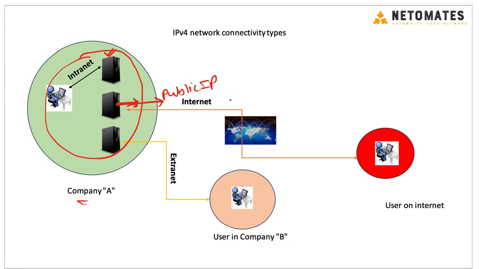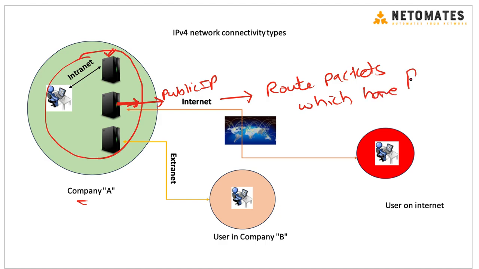So what is the internet? The internet is nothing but a group of network devices connected with each other globally, and they route packets which have only public IP addresses.